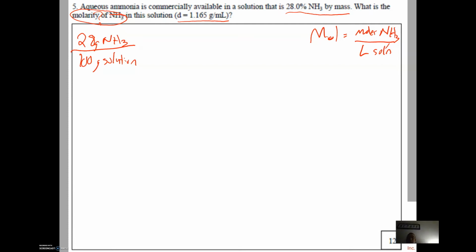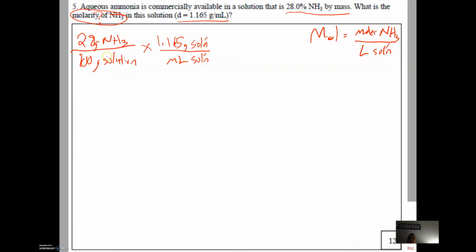The second part is the density. So now we're going to introduce the density here. So the density is 1.165 grams of solution divided by milliliter of solution. So this density is of the solution. That's why this is important.